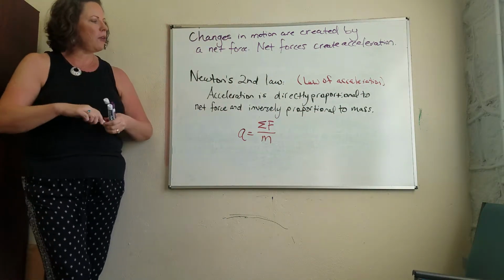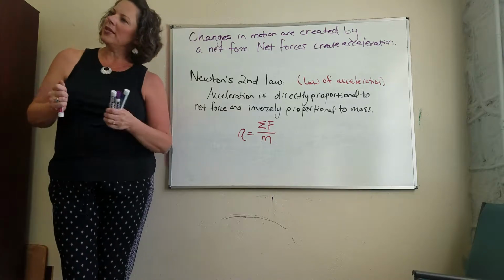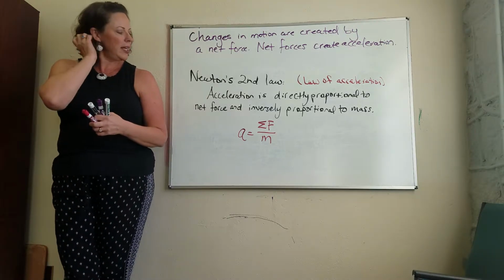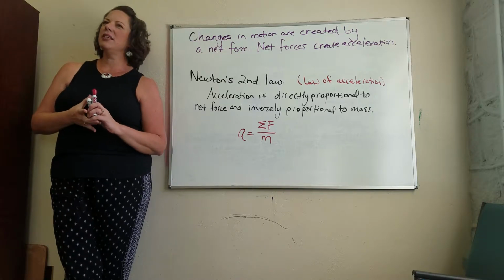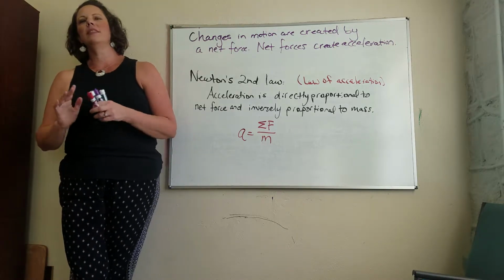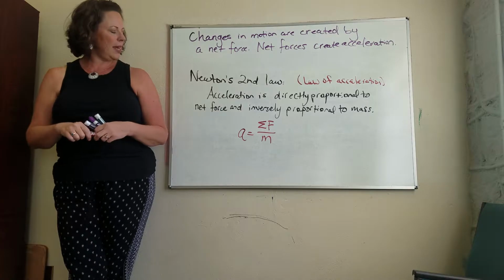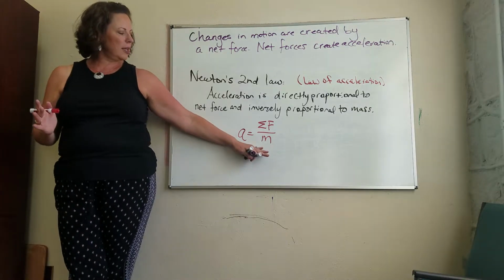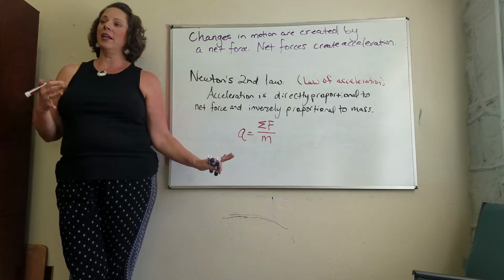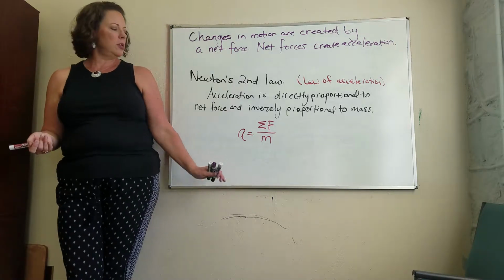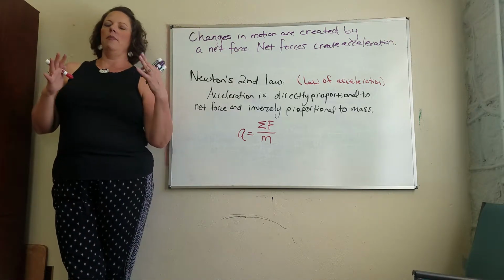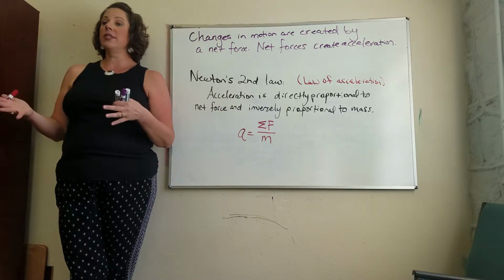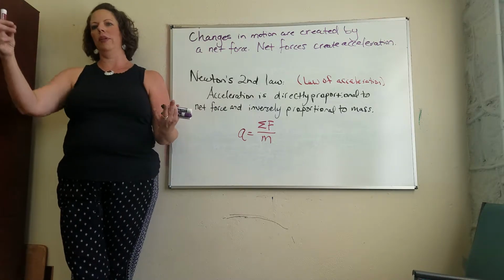Galileo did all that great work with his inclined planes in his beautiful Italian villa, rolling things up and down hills, measuring velocities, and looking at how distance was covered over time in different ways. And he did a lot of work and collected a lot of data that talked about acceleration. What Newton was able to do was to take his work and expound upon it and make more sense of it in terms of forces applied. Why is the ball rolling down the ramp?